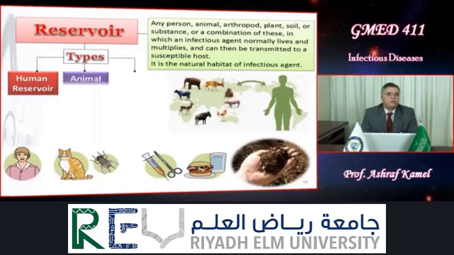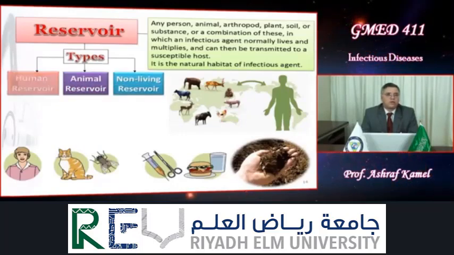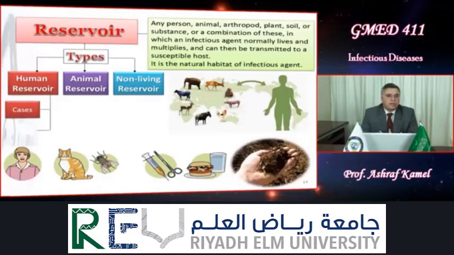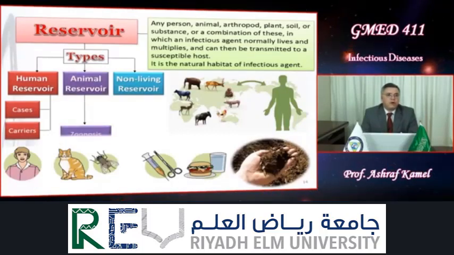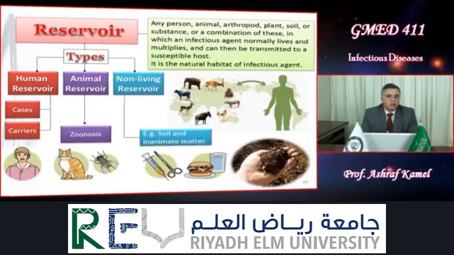We have a human reservoir, animal reservoir, and non-living reservoir. The human reservoir can be a case, a patient who has a disease, or can be a carrier. The animal reservoir are responsible for a group of diseases that are transferred to man from animals, which we call collectively zoonoses. The non-living reservoir can be soil or any inanimate matter.